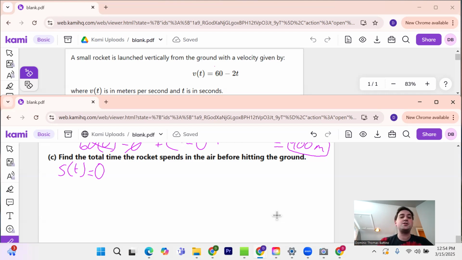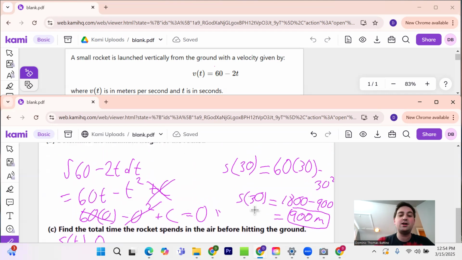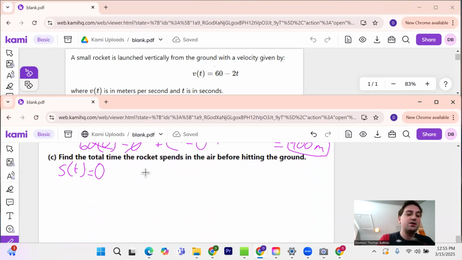So let's set this function equal to 0. If we go back to our displacement function, S of t equals, it's this guy, 60t minus t squared. So we're going to say S of t equals 60t minus t squared, and we want to set that equal to 0.